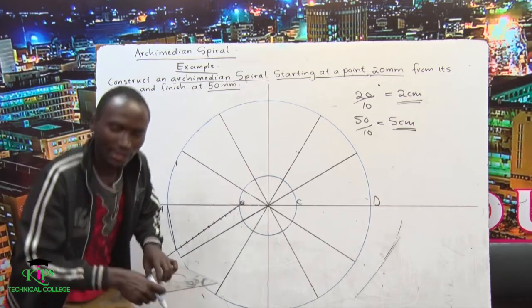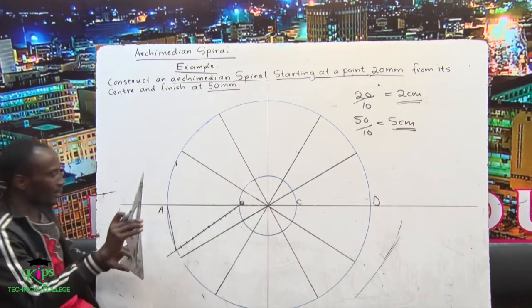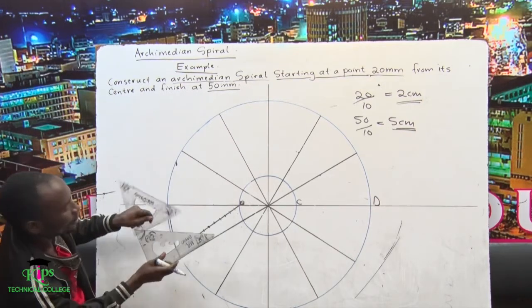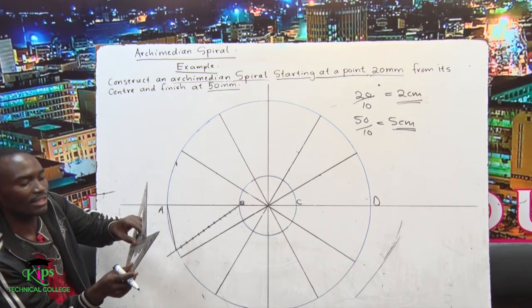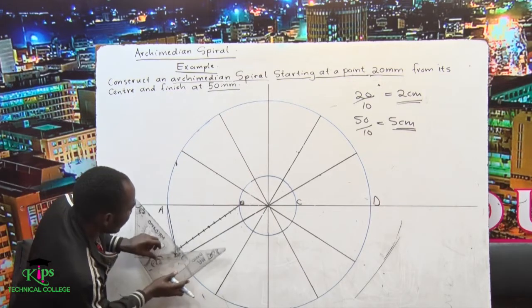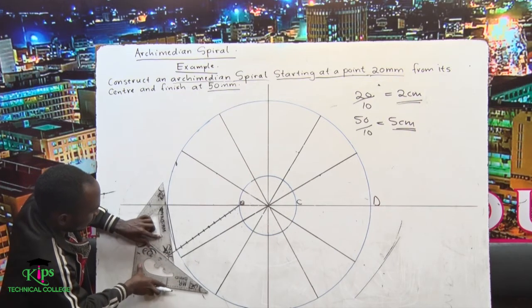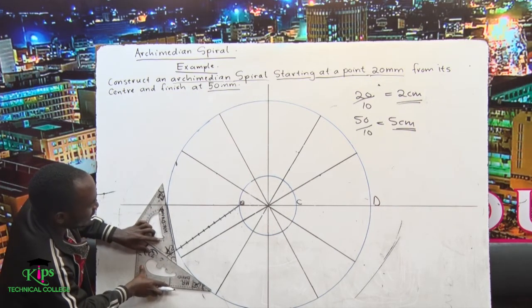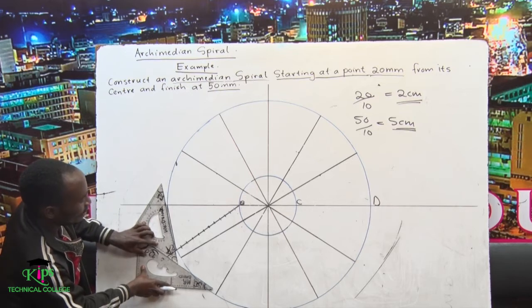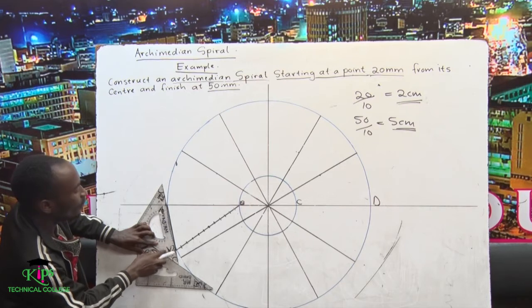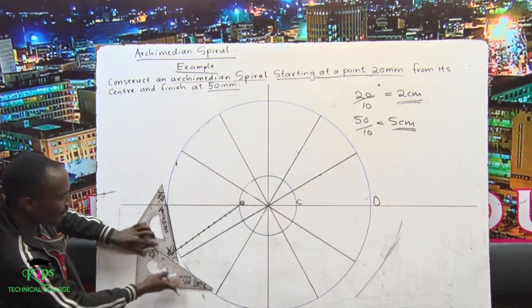Like that. Then again, with the end of your set squares, I should adjust my T-squares like this. So you should adjust them in this manner, such that this particular set square will just slide over this one.